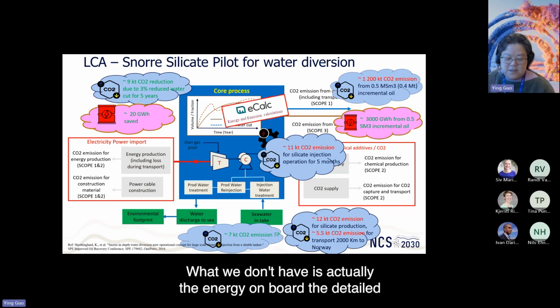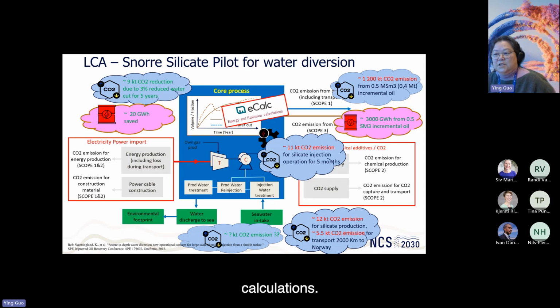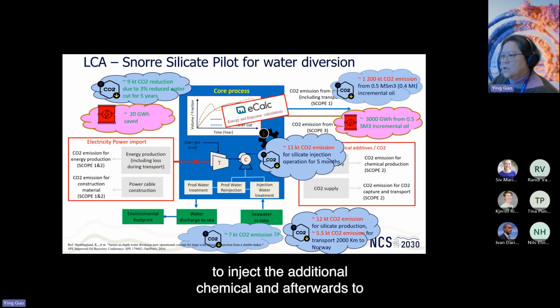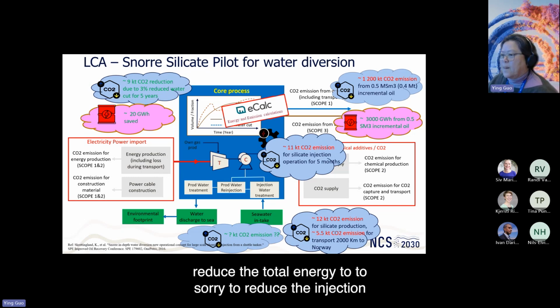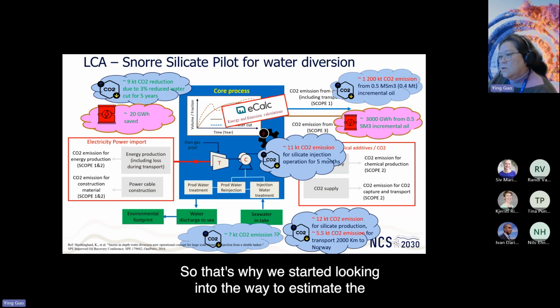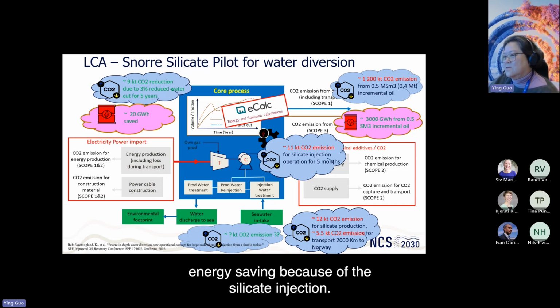What we don't have is the energy on board, the detailed calculations. We don't know how much the turbine is really performing to inject the additional chemical, and afterwards how much the total energy is reduced by reducing the injection water and reflecting it in energy saving. That's why we started looking into ways to estimate the energy saving because of the silicate injection.